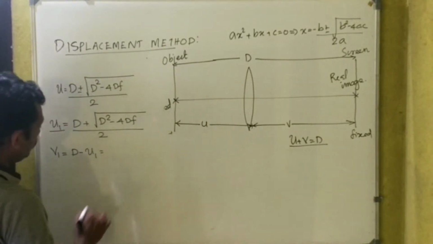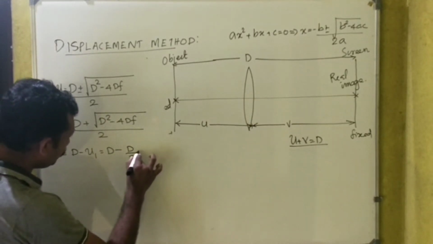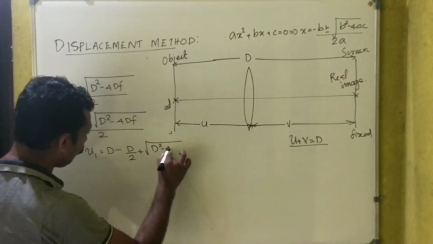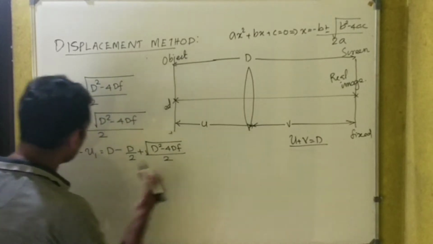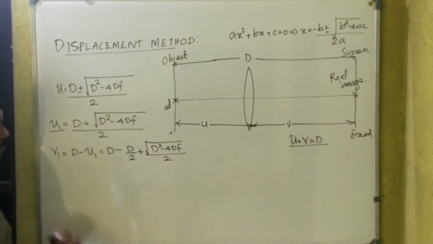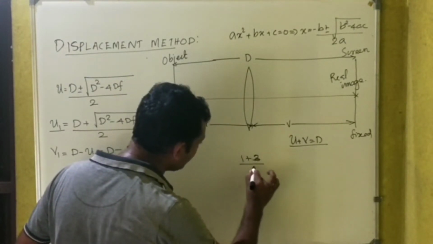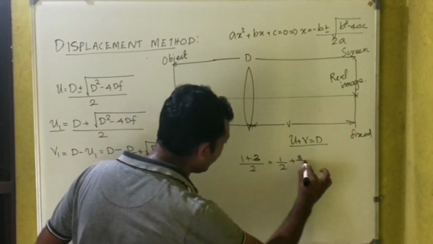So d minus u1. So d minus d by 2 plus root of d square minus 4df, that again divided by 2. What did I do here? I just split this into two parts. You know, 1 plus 3 the whole by 2 is equal to 1 by 2 plus 3 by 2.